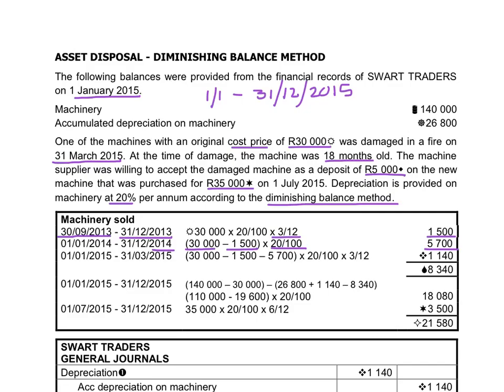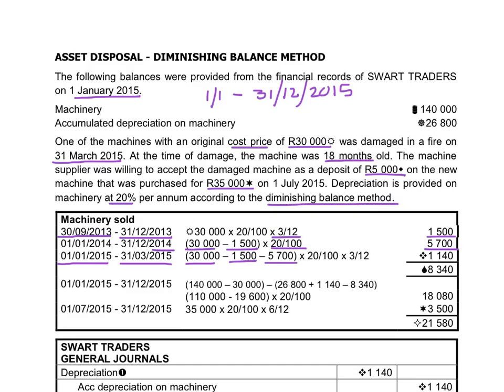In the current year, we started using this asset on the 1st of January. It was damaged in the fire on the 31st of March. Because it's diminishing balance, it's 30,000 minus the 1,500 depreciation in the first year and minus the 5,700 in the second year.